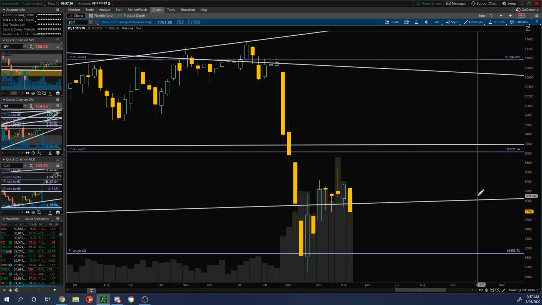here's what I'm noticing. We essentially based here, and what you should get out of this move is a move higher, and we did. We got it here, but this right here is what's really concerning me. We basically came back up, tested this breakdown candle, and we rejected on pretty high volume.